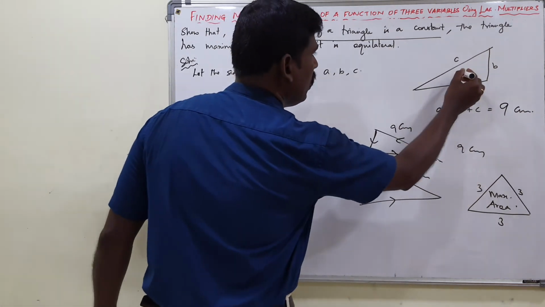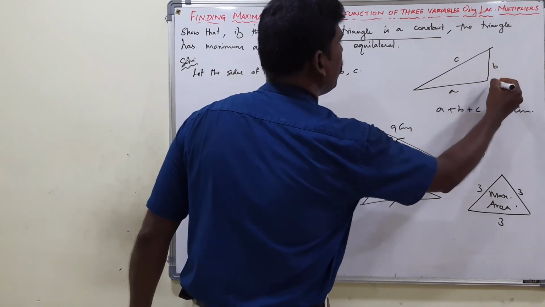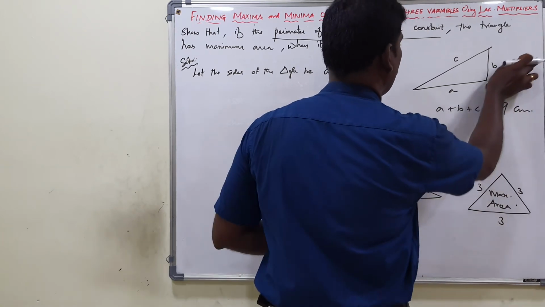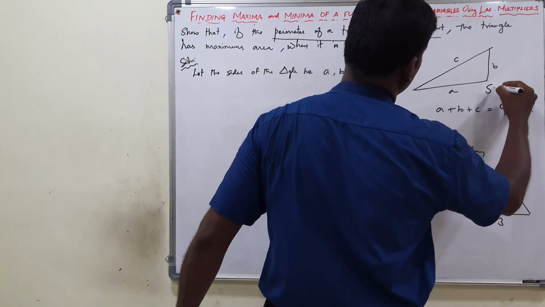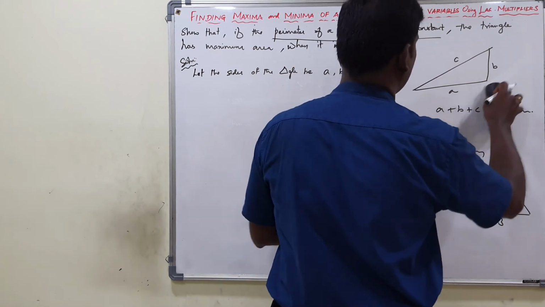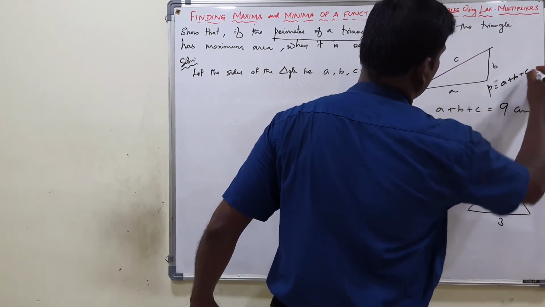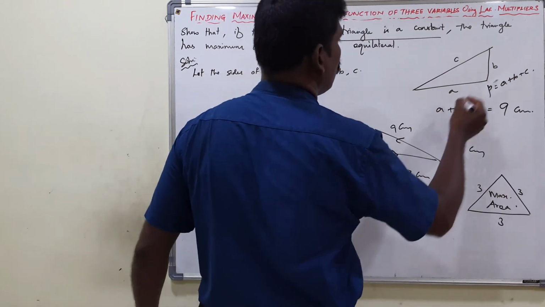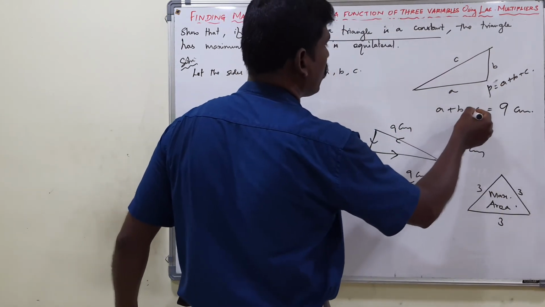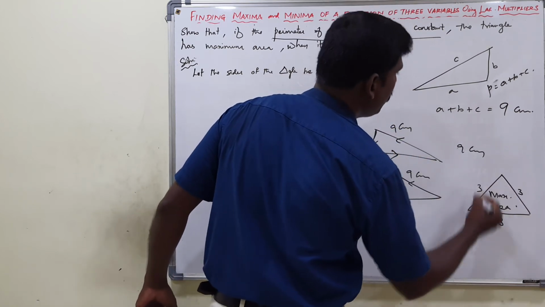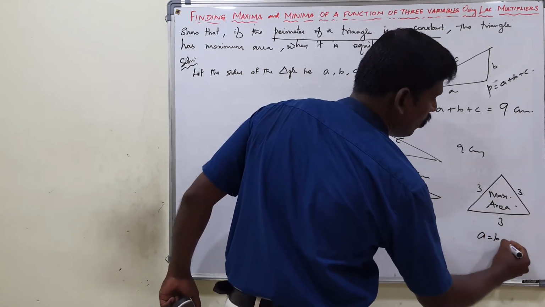Let us take the perimeter as S. Always we are taking the perimeter as S or P. What is the perimeter? P is equal to a plus b plus c. Okay. Right? So if the perimeter is constant, the triangle has maximum area when all are equal. We need to prove a equal to b equal to c.